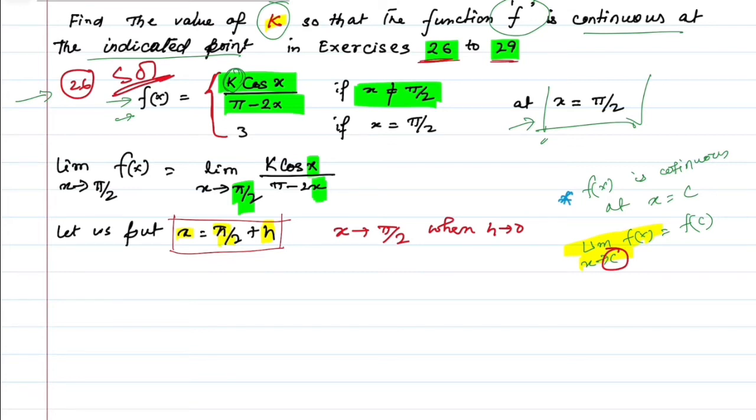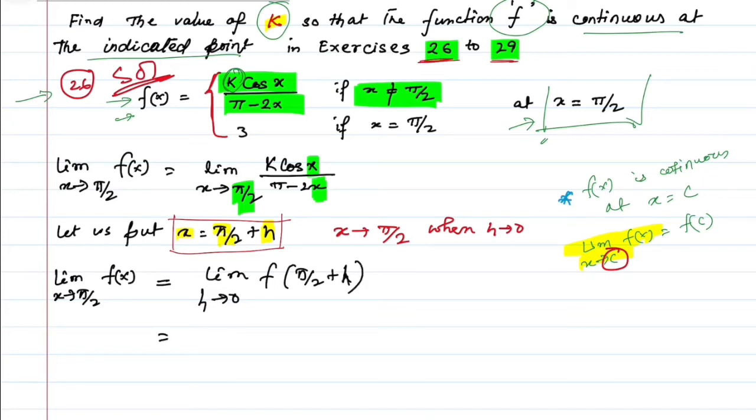So, we can write limit x tends to pi by 2 f of x, after putting x is equal to pi by 2 plus h, it will be limit h tends to 0 f of pi by 2 plus h.